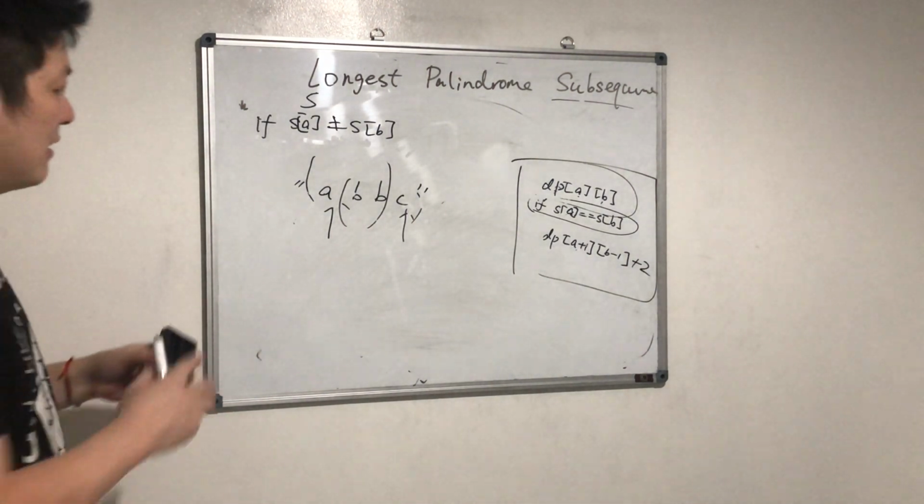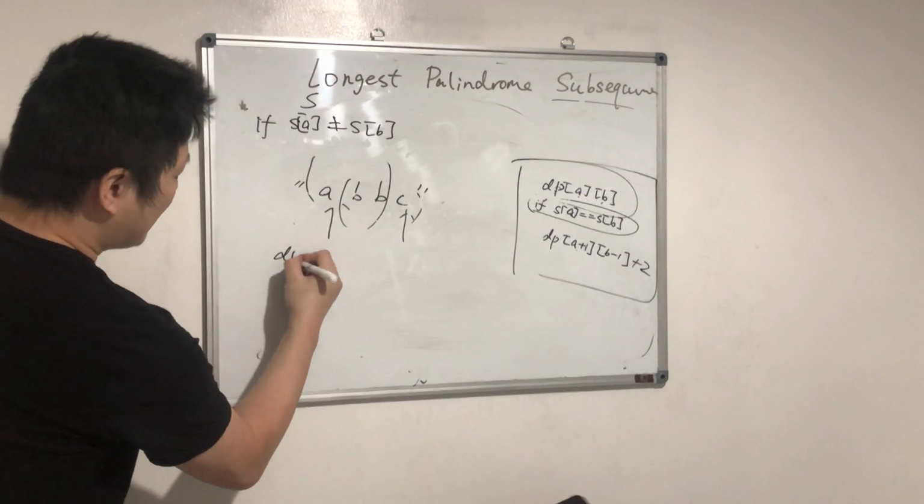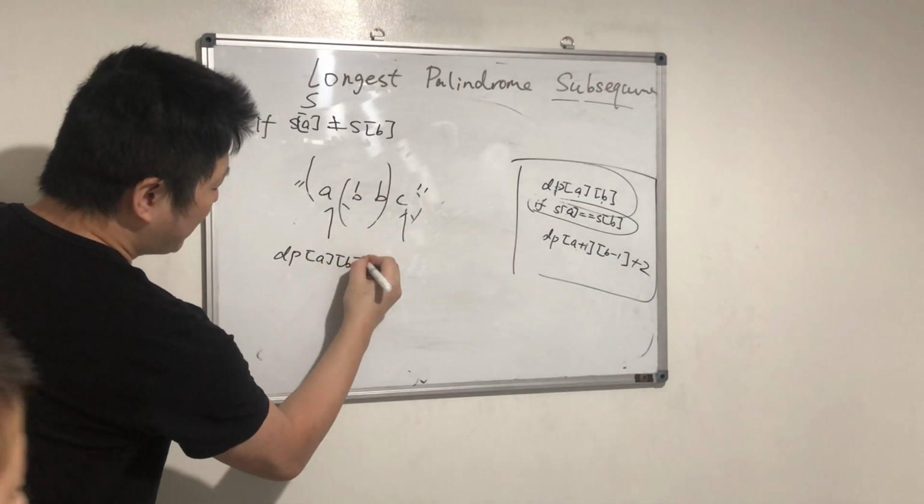Got it? So look, if it's not equal, dp[a][b], this is a bit difficult to understand.